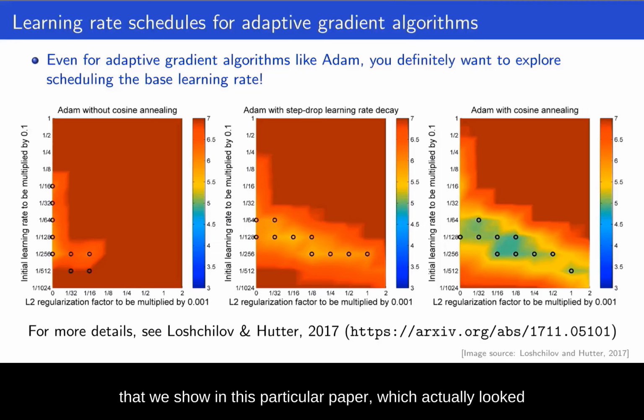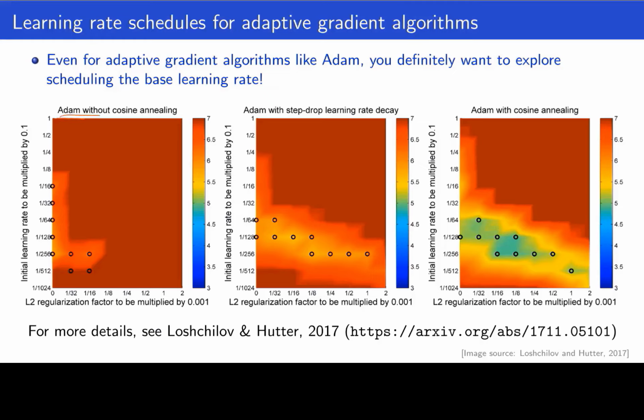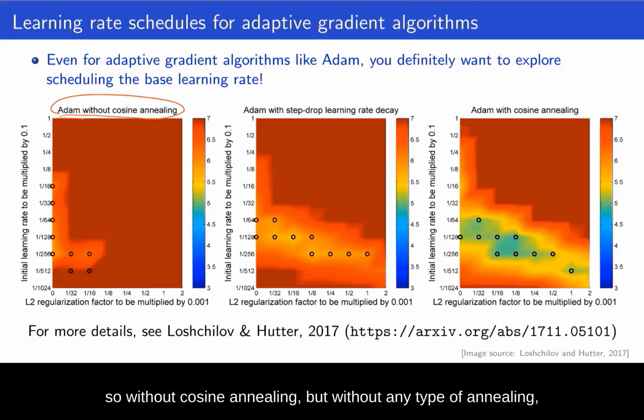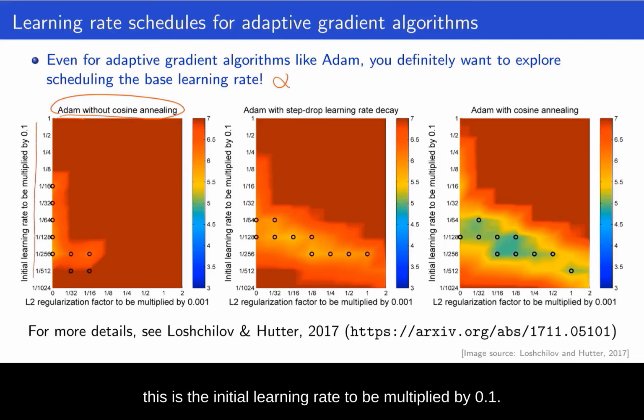So more about that another time, but I briefly want to tell you about this result that we show in this particular paper, which looked at the performance of Adam without cosine annealing, without any type of annealing, just with a fixed base learning rate alpha. And so the plots, how to read these: this is the initial learning rate to be multiplied by 0.1.